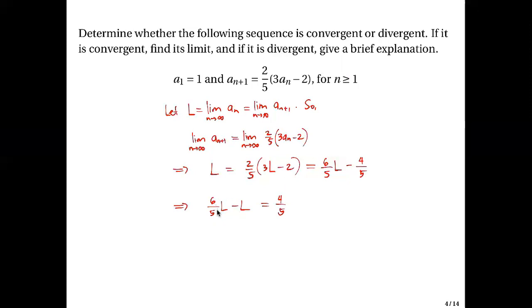And then 6 over 5 minus 1, that's just 1 over 5. So we have 1 over 5L equals 4 over 5, which gives us L equals 4. So this is the limit of this sequence.